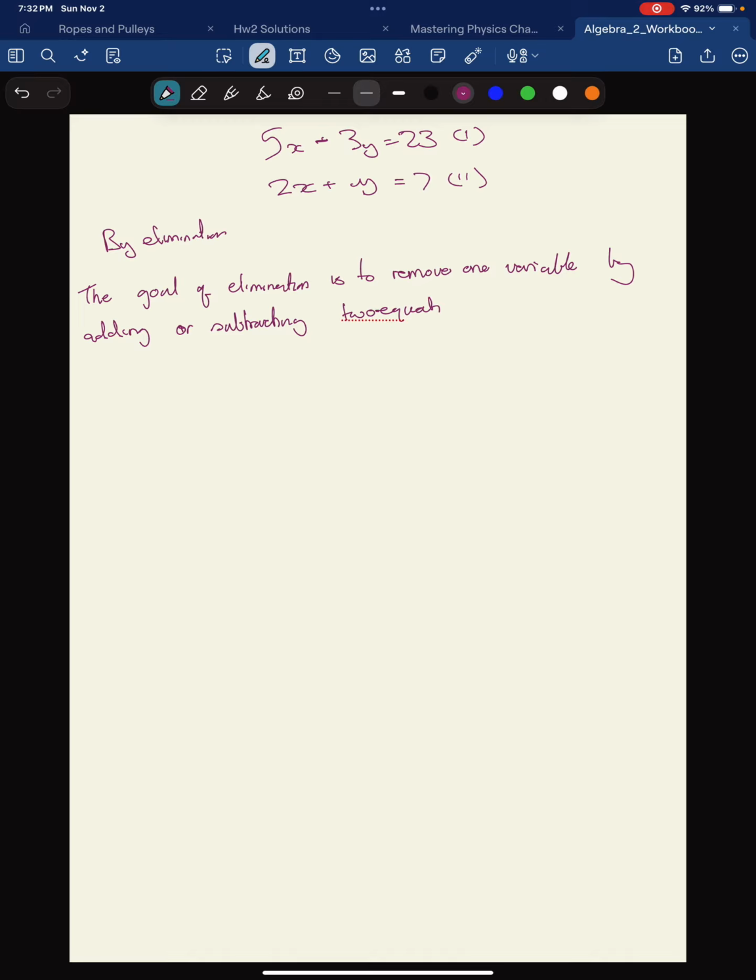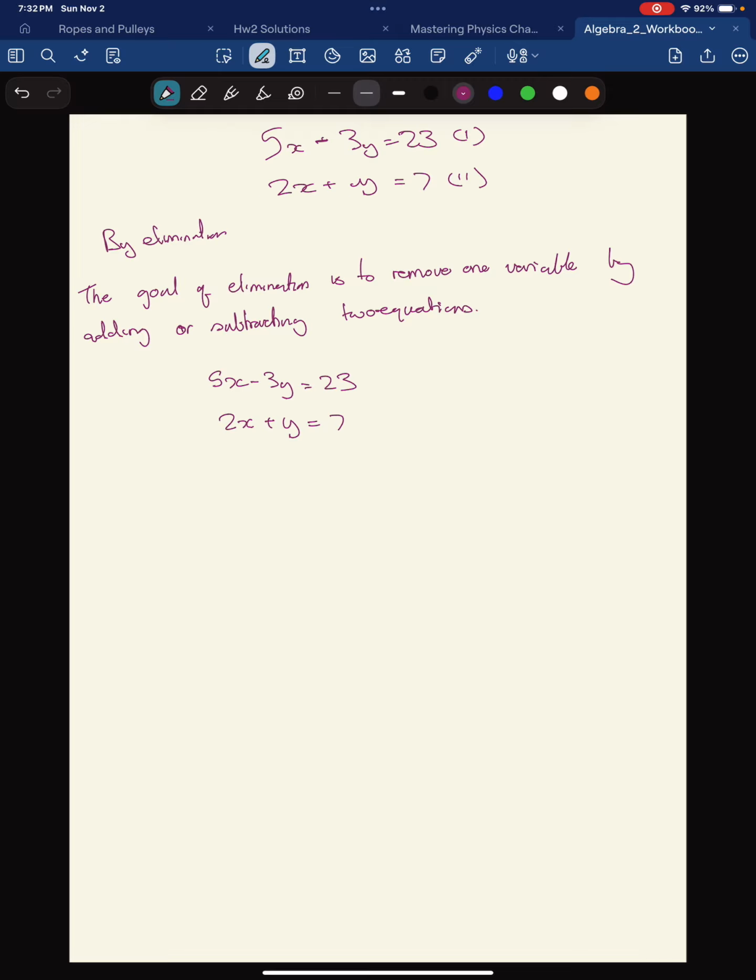All right? That's the goal of elimination. So if I have 5x minus 3y equals 23, and I have 2x plus y equals 7, I have to identify what number or what variable is easy to remove.